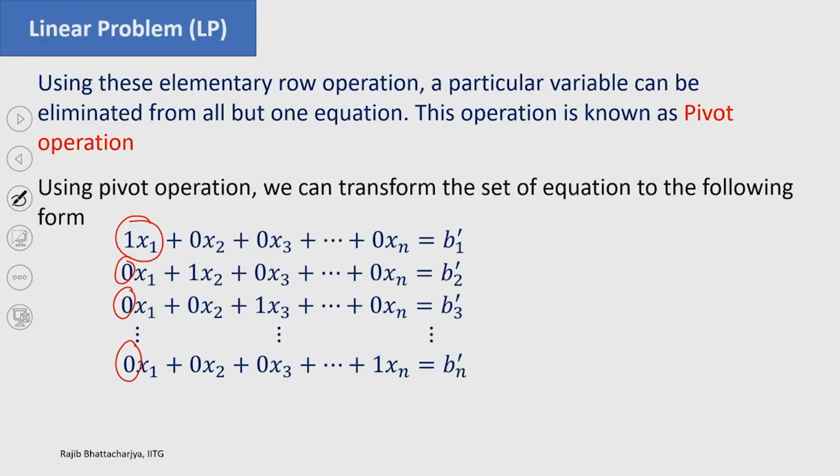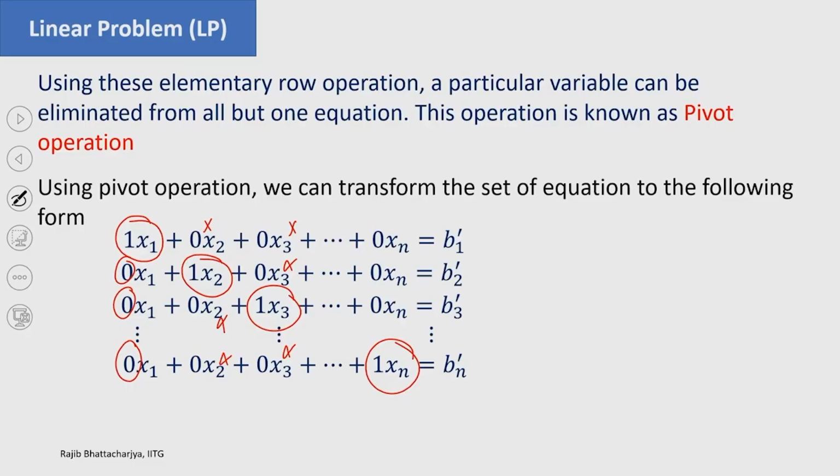Similarly, I keep the x2 variable in the second equation and eliminate it from the others. Similarly, x3 is kept in the third equation and eliminated from the others, and finally I keep the xn variable in the last equation and eliminate it from the others.